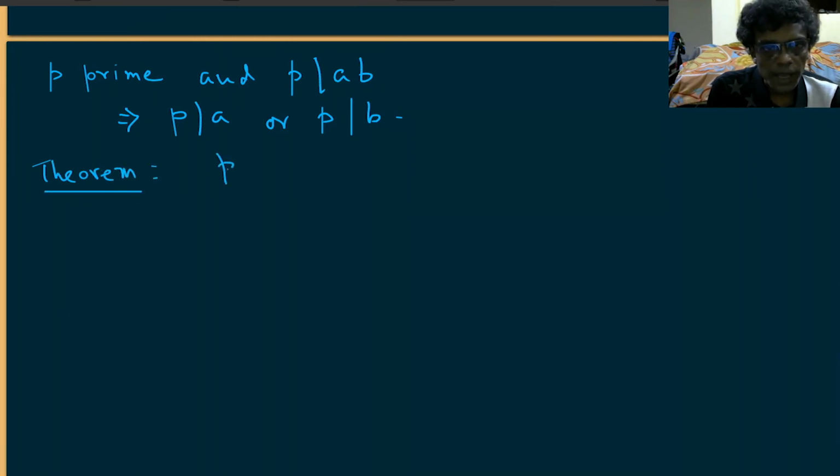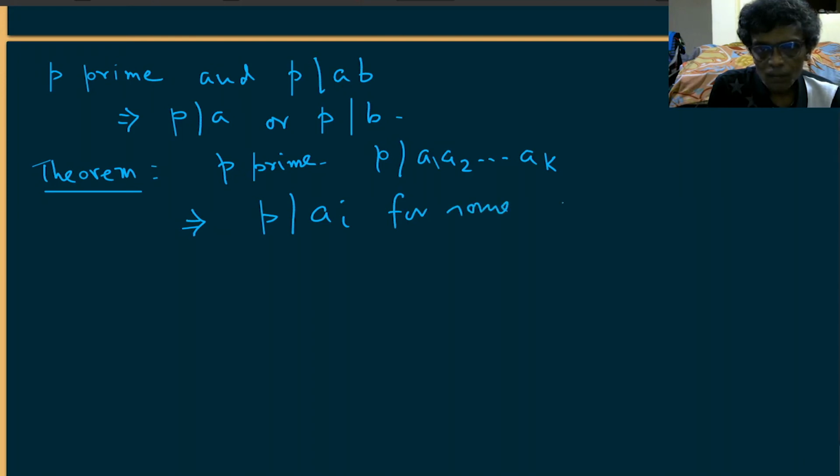If P is a prime and P divides a product A1, A2, ..., AK, then P divides AI for some I ranging from 1 through K. I am not going to prove it. It's a straightforward generalization of this. Maybe you work it out.